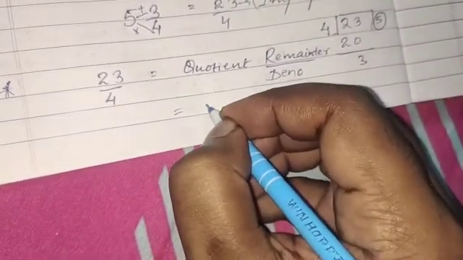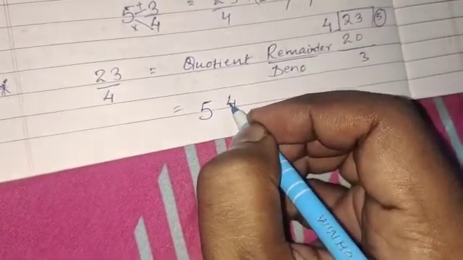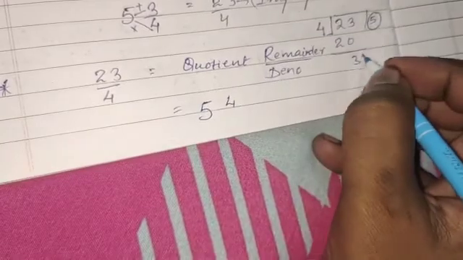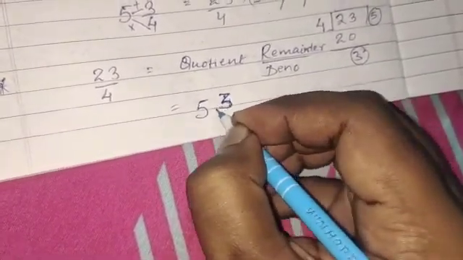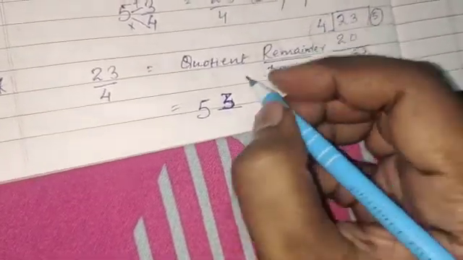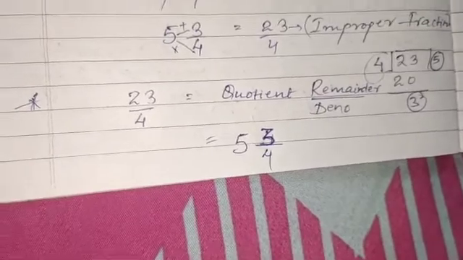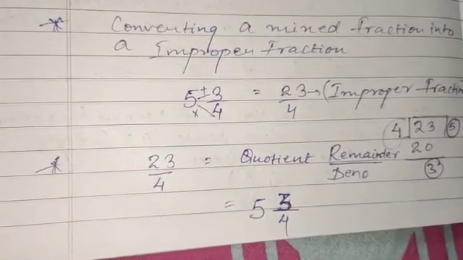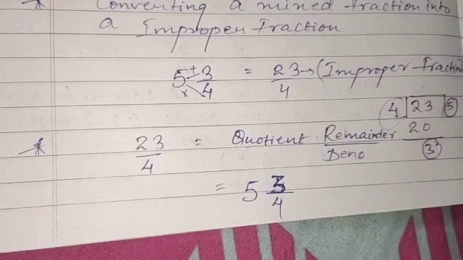So this will be quotient 5, then the remainder 3, and the denominator 4. So this is how we convert an improper fraction into a mixed fraction. Understood?